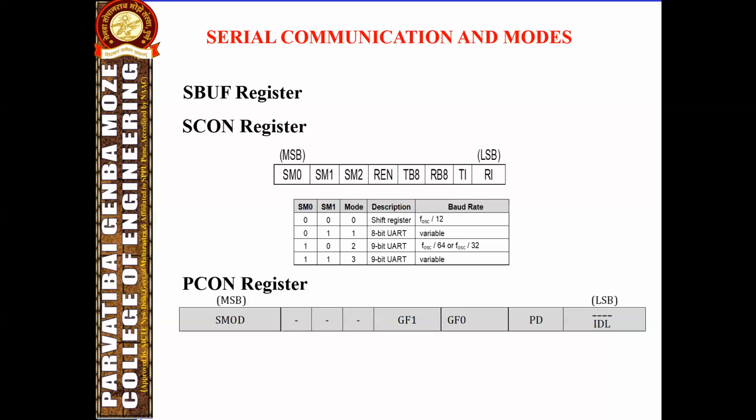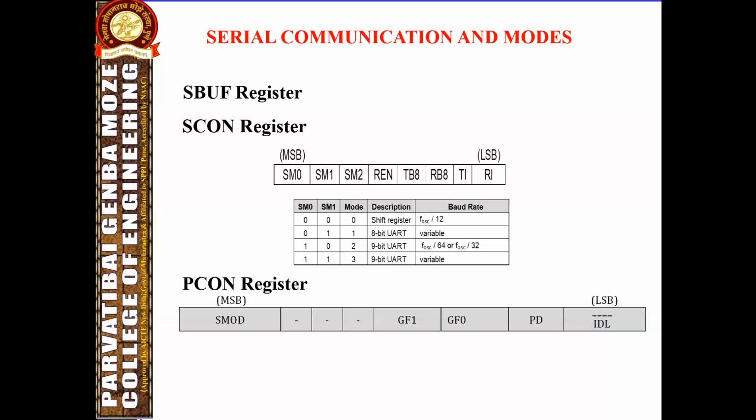The transmission of serial data bits begins any time data is written in SBUF. TI is set to 1 when the data byte has been transmitted, a sign that the SBUF is empty and another byte can be sent.